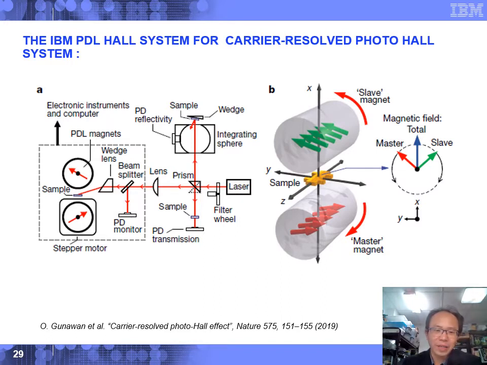And in the photo Hall experiment, you also need an optical setup to allow the laser to come and illuminate your sample. You could also perform reflectivity and absorption measurements in the same setup to get the optical constants for the photo Hall analysis that we will do later.